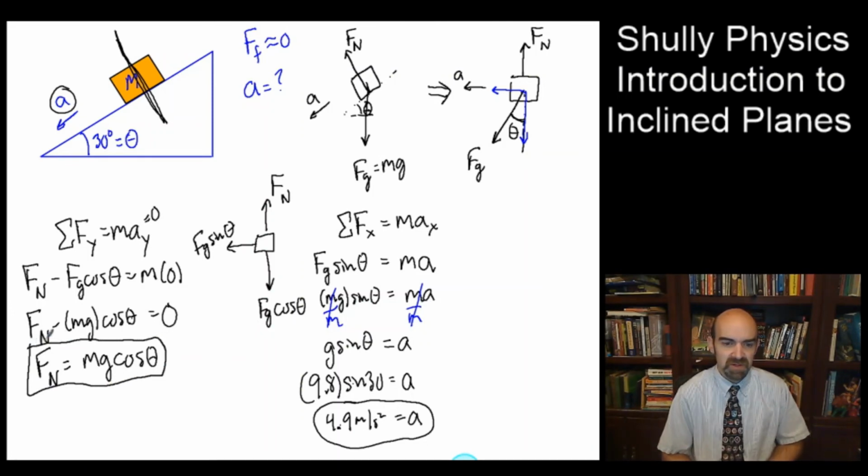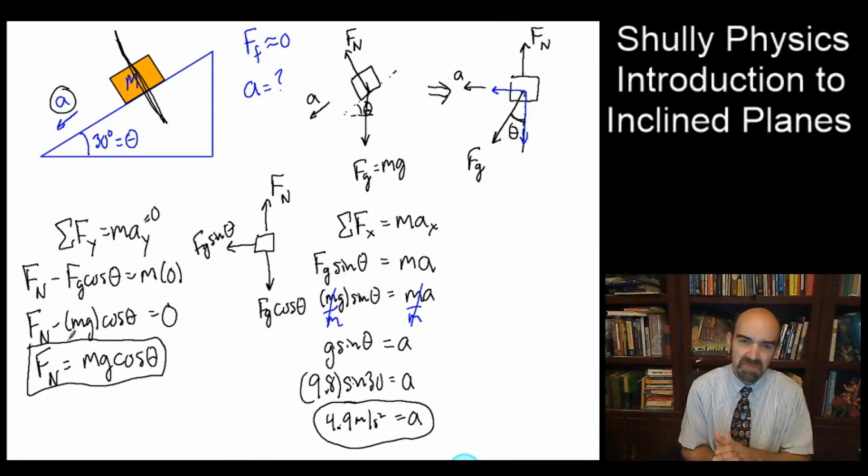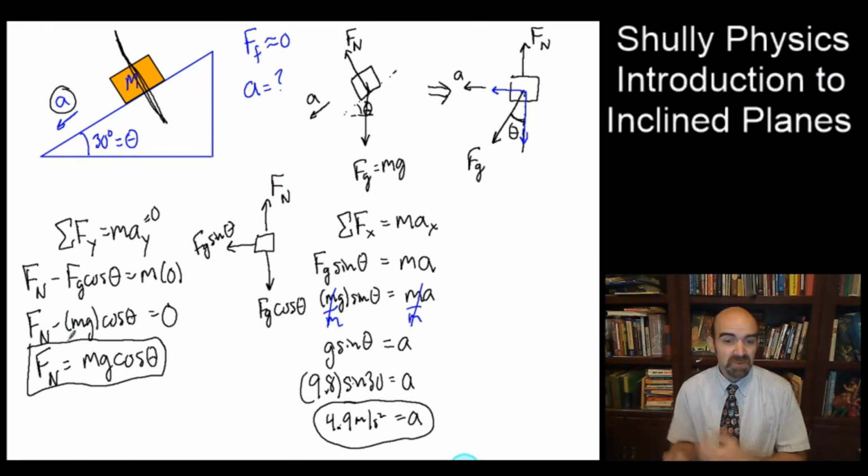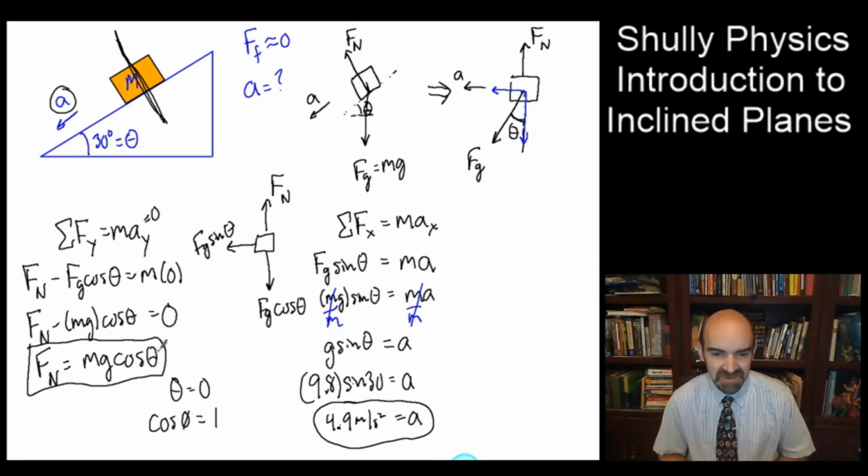Bonus material here. What this is telling us is that the pressure force between the mass and that incline is equal to the weight when the incline is 0. When theta equals 0, cosine of 0 is 1. So when the incline angle is 0, the normal force is equal to 1 times mg, which is the weight.